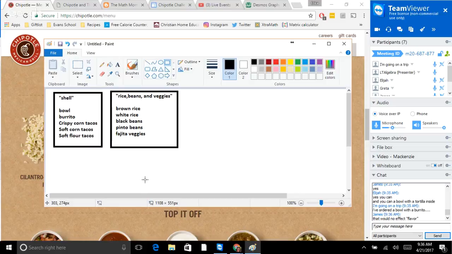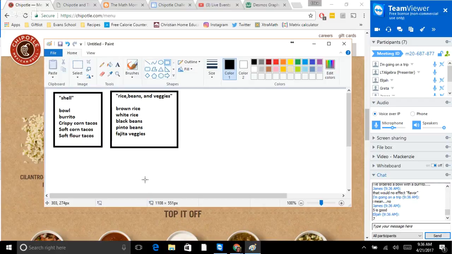So, quick class vote. What do we think? Do we think 5 combinations of a shell holding item is reasonable? Or do you think we should count more? 5's good. James, we're good with 5. Elijah says 7.